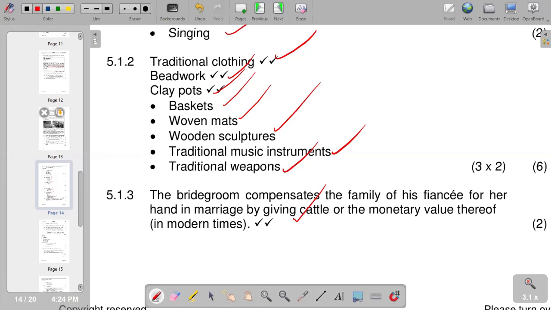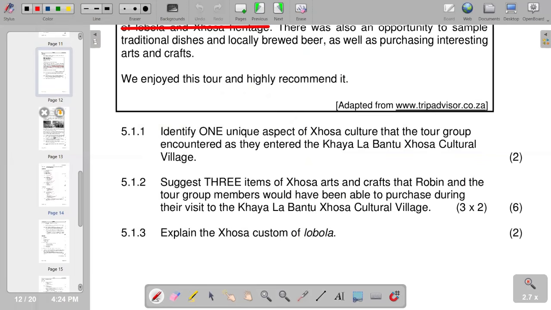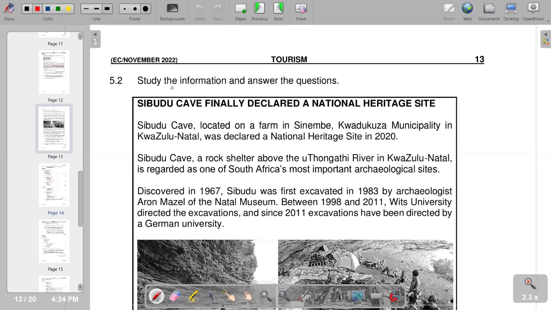So moving on to the next part, which is now 5.2, you have to study the information and answer the questions you are given on Sibudu Cave finally declared a national heritage site.